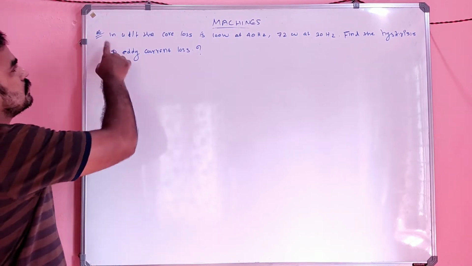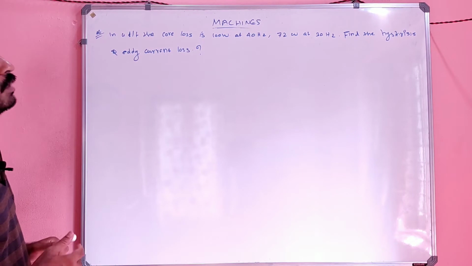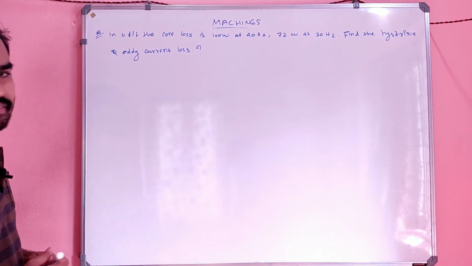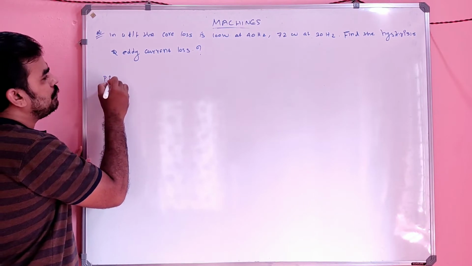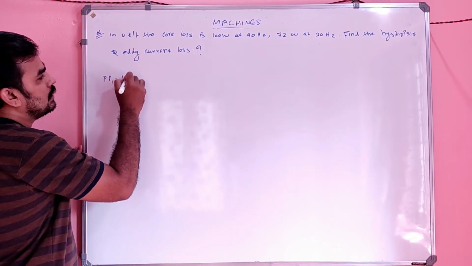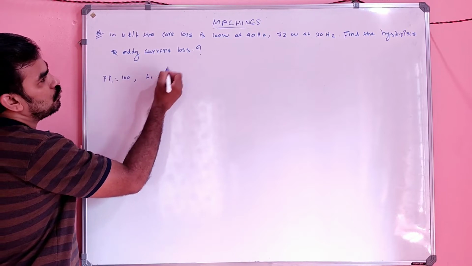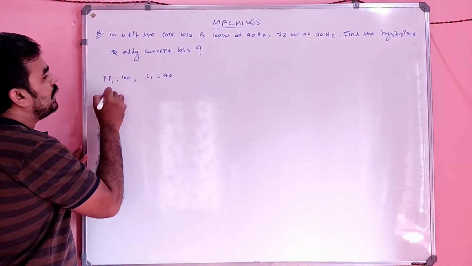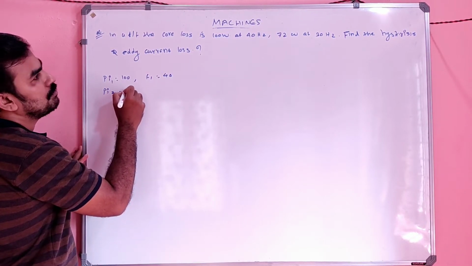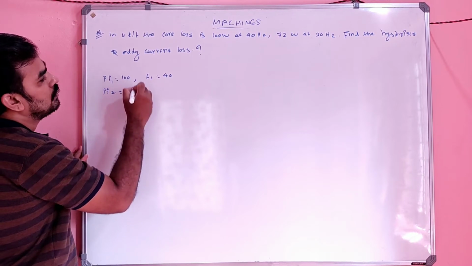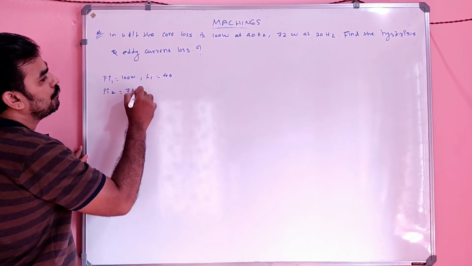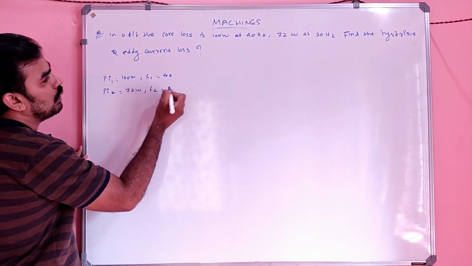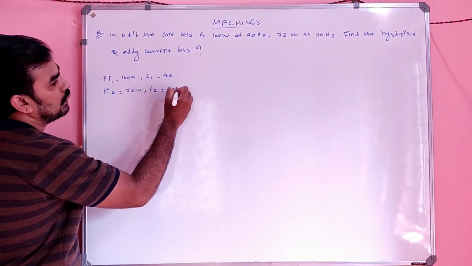So see, what is the question? In a transformer, the core loss is 100 watt at 40 hertz, right? So I can say Pi1 is equal to 100 at F1 equal to 40. Pi2 is 72 watt at F2 equal to 30.